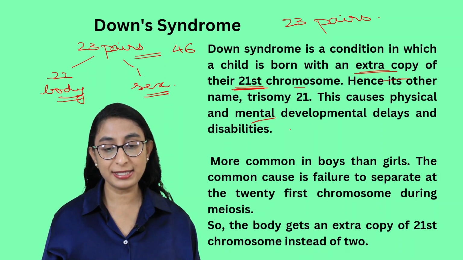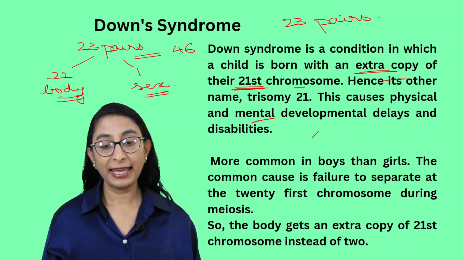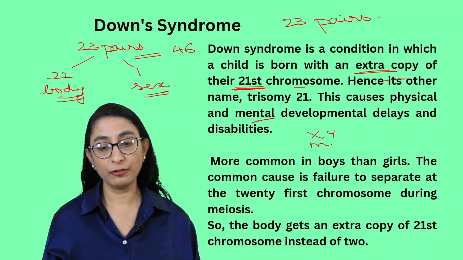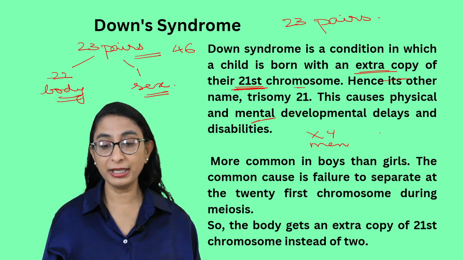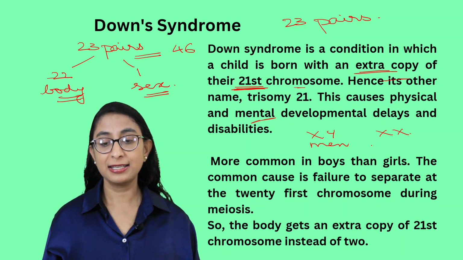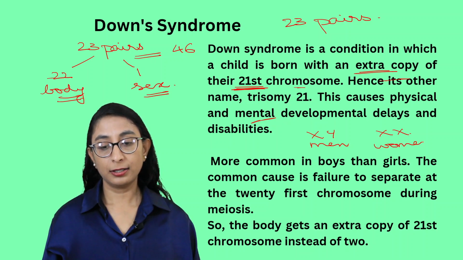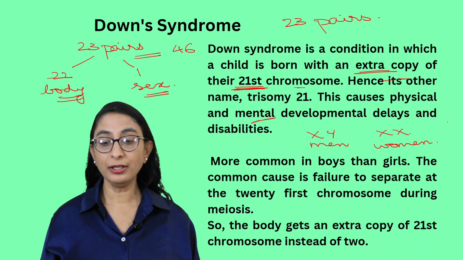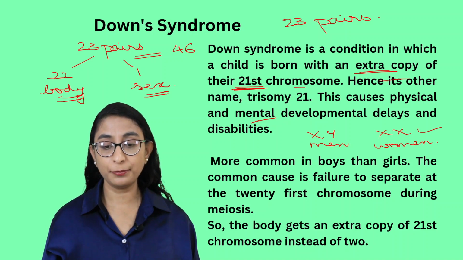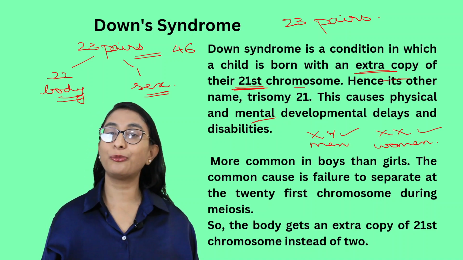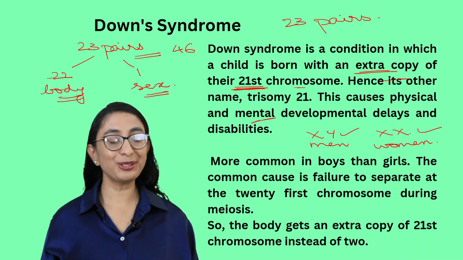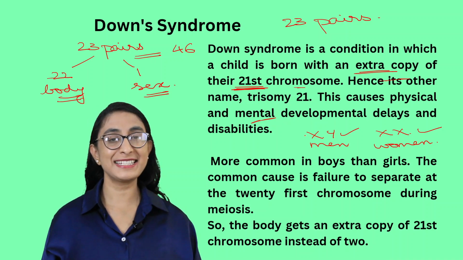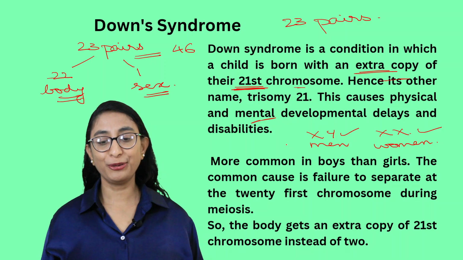In case of men, the sex chromosome is X and Y, and in case of women it is X and X. So in women we have two X chromosomes and in men we have one X and one Y chromosome. We all know this very well right from our school days. I just gave you a recap of what we already know.